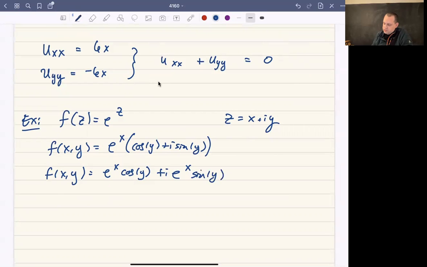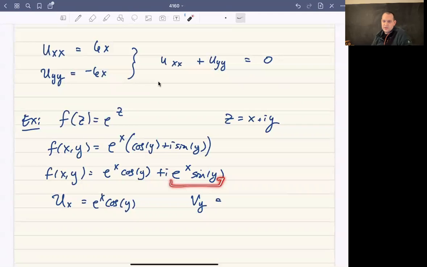If we look at the partial of u with respect to x, where u is the first part, that derivative is going to be e to the x cosine y. If we look at the partial of v with respect to y, we differentiate this term with respect to y, so the sine of y becomes cosine of y.